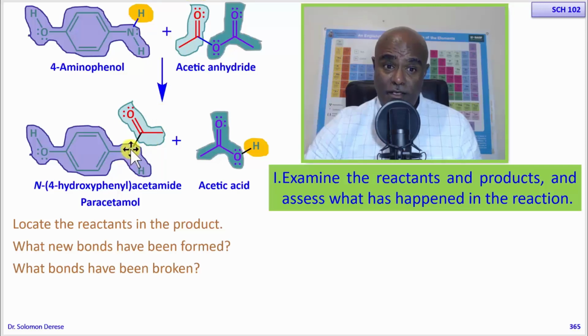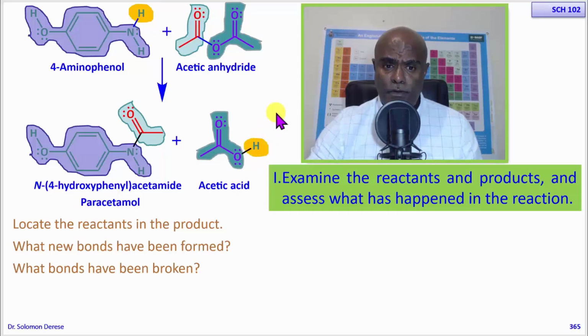As a result, in here initially you had a bond between this nitrogen and hydrogen, but now we have a bond between this nitrogen and this carbonyl carbon. So this is one of the new bonds that is formed. The other new bond that is formed is between this oxygen and this hydrogen, between this one and this one.